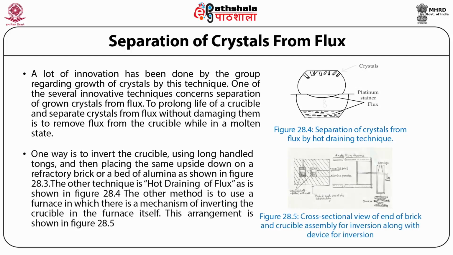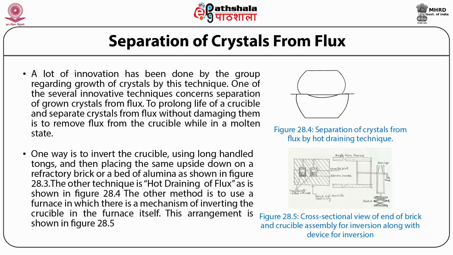One way is to invert the crucible using long-handled tongs and then placing the same upside down on a refractory brick or a bed of alumina as shown in figure 28.3. The other technique is what is called hot draining of flux as is shown in figure 28.4.